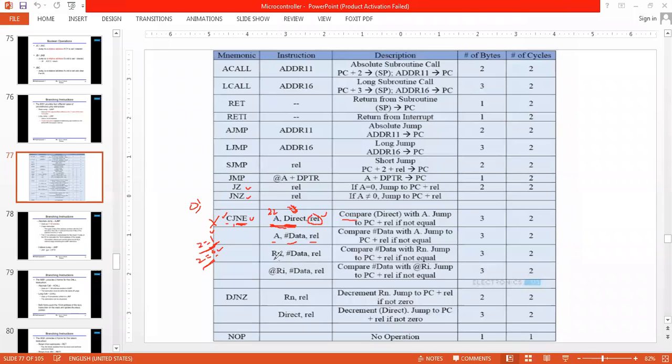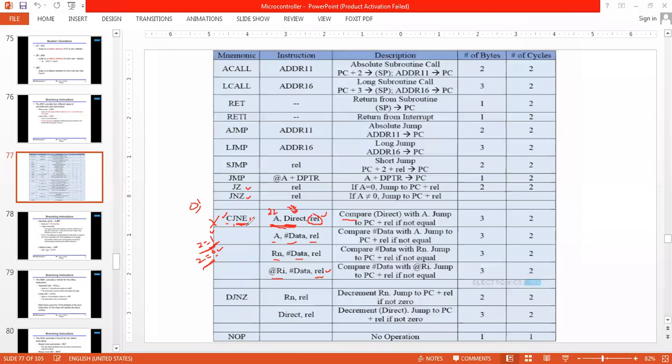In the same way, the value of Rn, R0 to R7 and immediate value. Then the value inside indirect addressing mode. So this is going to be the indirect addressing mode, but one more operand is going to be added here, and that operand is going to be the relative address. Okay, hope it has been understood.